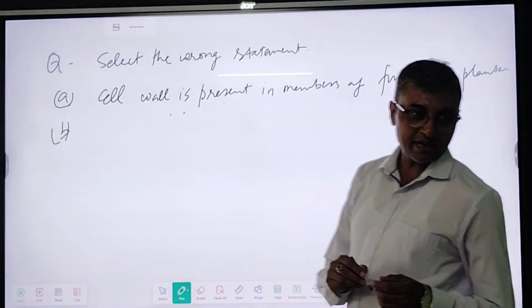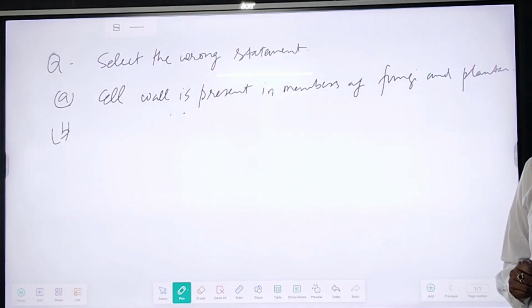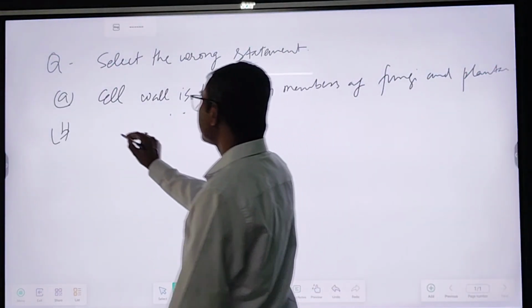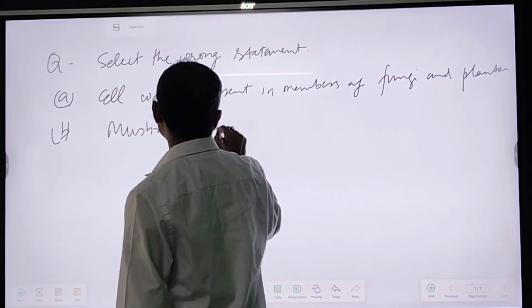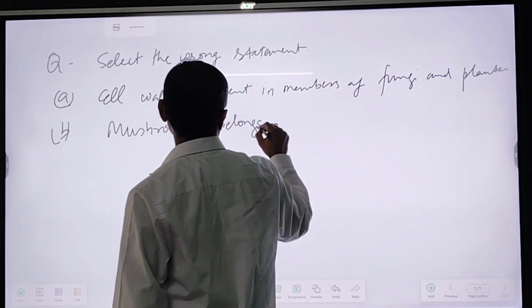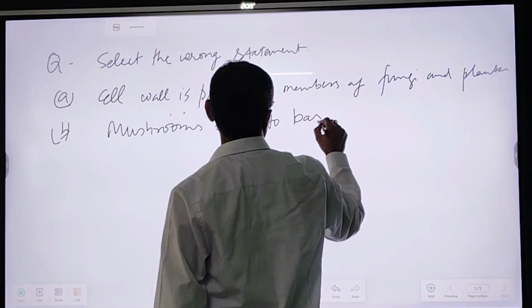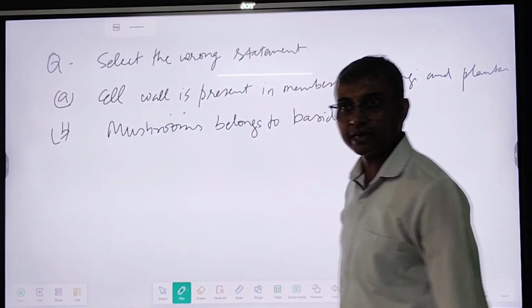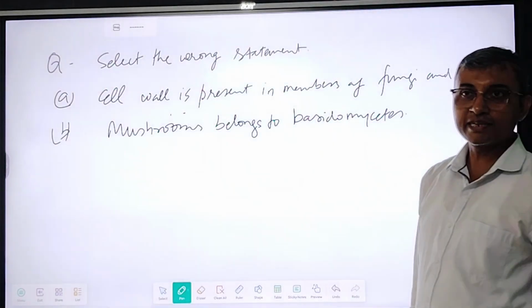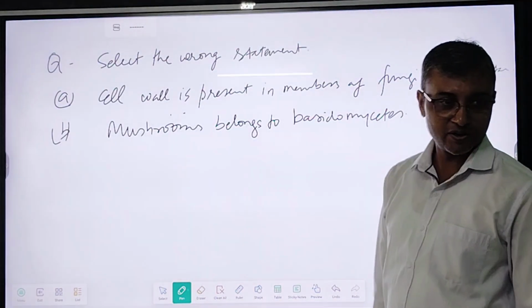Again, they are saying that mushrooms belong to Basidiomycetes. Is it correct? It is. Okay.